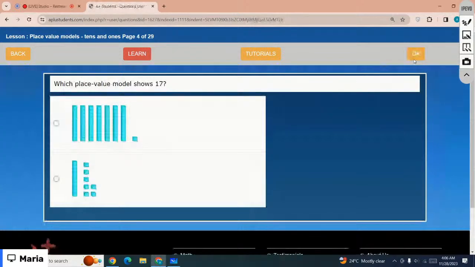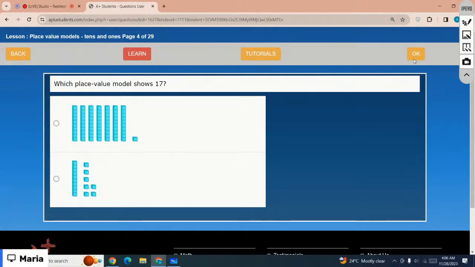Which place value model shows 17? Which is the correct option, 1 or 2? The ones digit is 7 and the tens digit is 1.